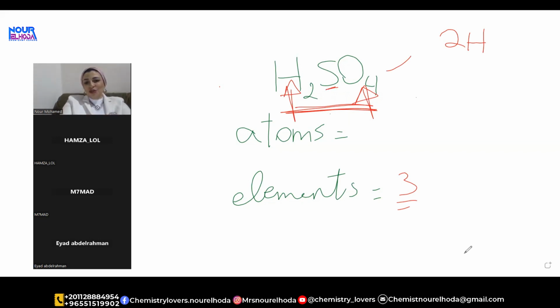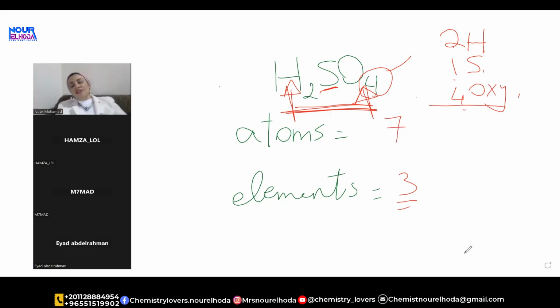So this means 2 hydrogen, 1 sulfur, and 4 oxygens, total 7 atoms. So when I ask you how many atoms are there, you count the total number. When I ask you how many elements are there, you count how many different types.